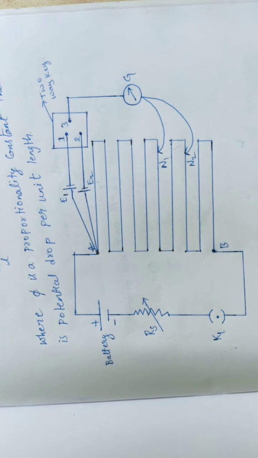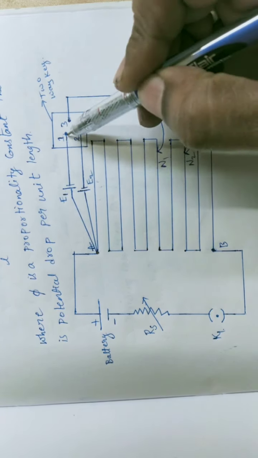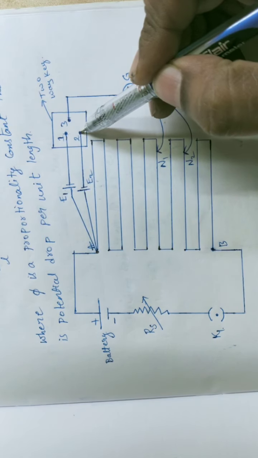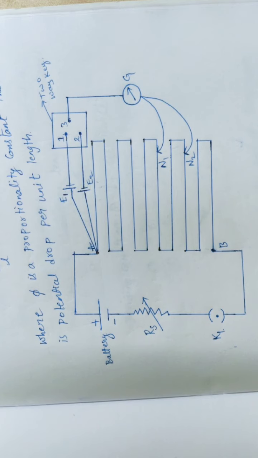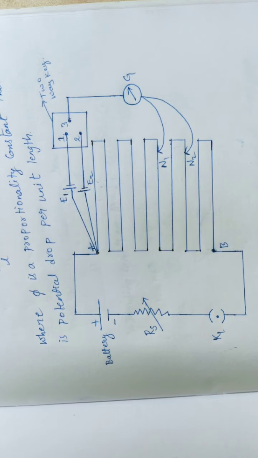The two-way key has three terminals, named 1, 2 and 3. The first terminal is connected to cell E1 and the second terminal to cell E2, but the third terminal is connected to a galvanometer.